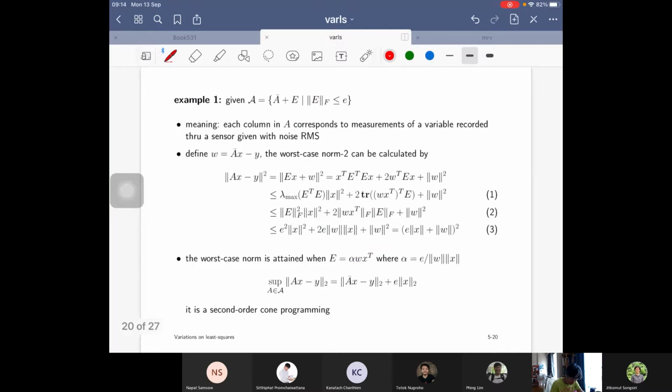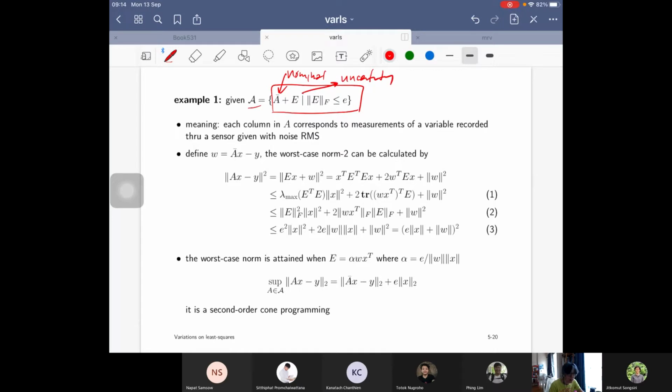Now, I have the uncertainty set A described by this. It is described by a nominal value of A, I use the notation A bar, which is the nominal value plus some uncertainty.